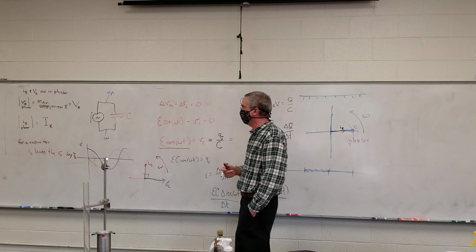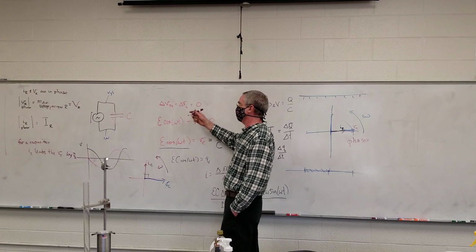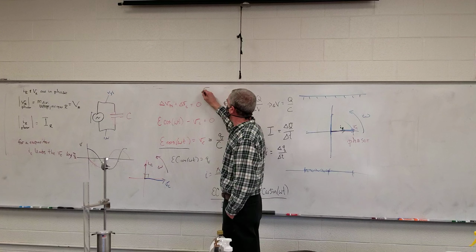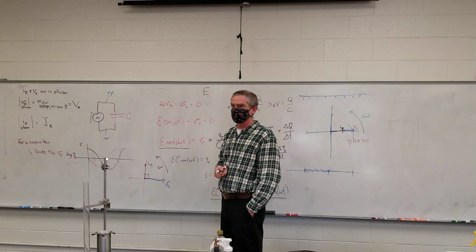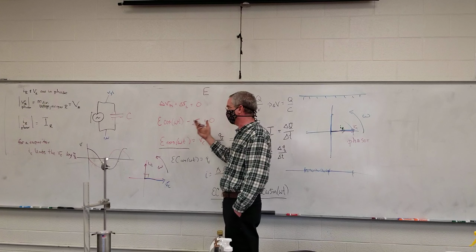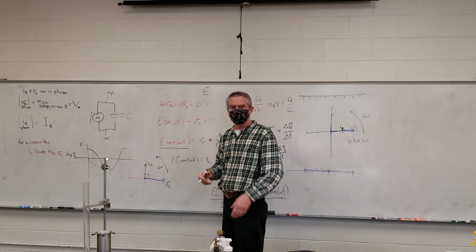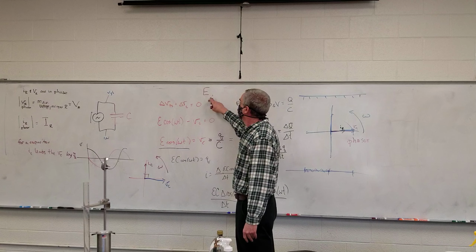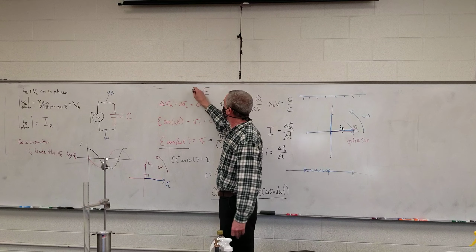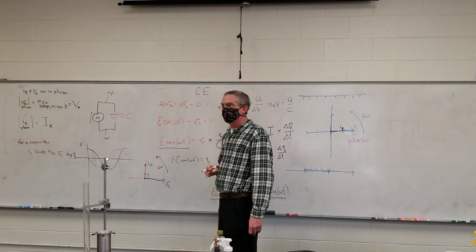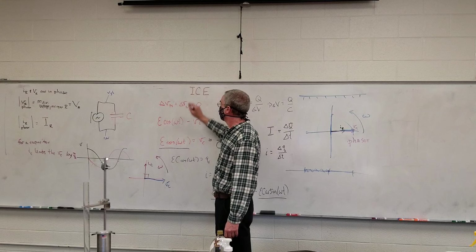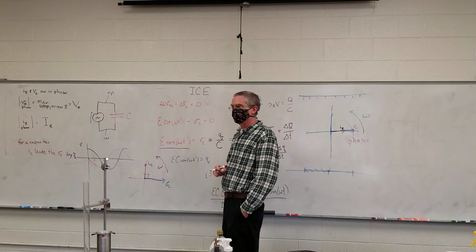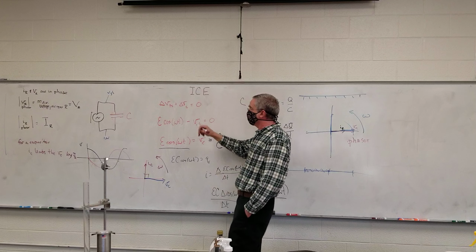Oftentimes, especially in electrical engineering textbooks, they'll use capital E for the voltage, because it comes from the EMF, which they couldn't bother putting an epsilon in. For a capacitor, current comes first. ICE.